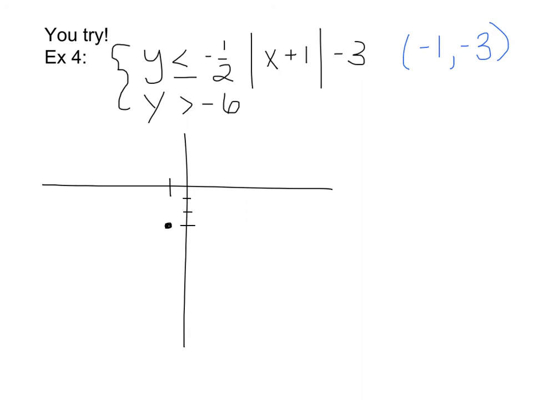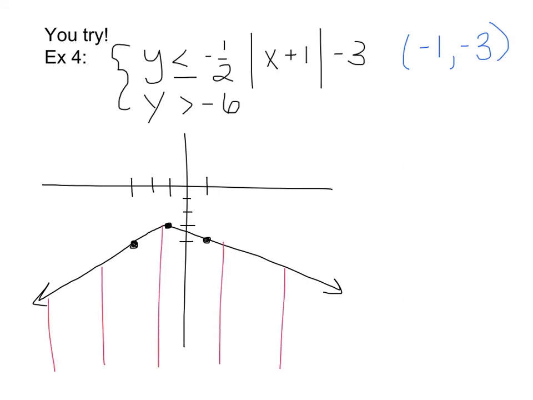Okay, now the slope of my V is -1/2, so I need to go down 1 and to the right 2, down 1 and to the left 2. Okay, since it's less than or equal to, this needs to be a solid V. And then you need to shade everywhere below your V. So the other one, y is greater than -6.